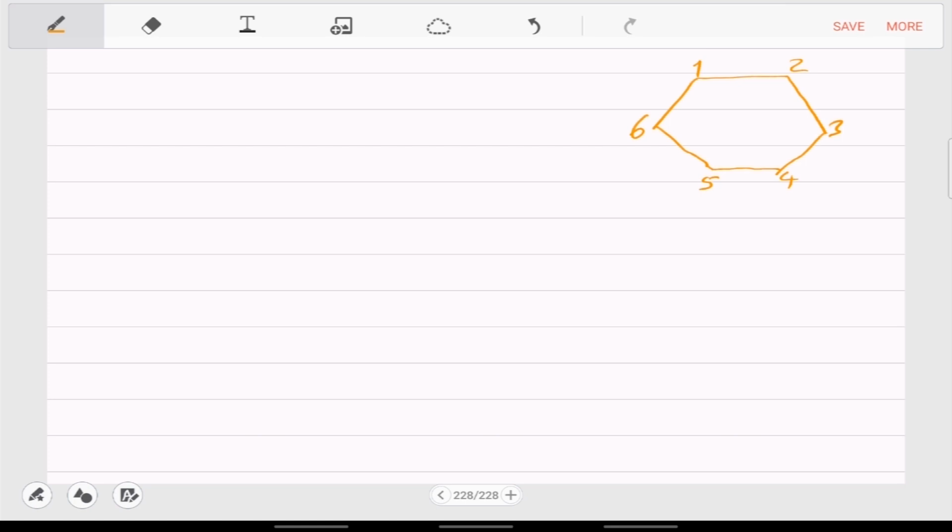So how many transformations are there? Just 6. Yeah, I mean you can rotate, that is 6, but you can also do something across this line. You can flip, right? So you can send 1 to 5 and 2 to 4.